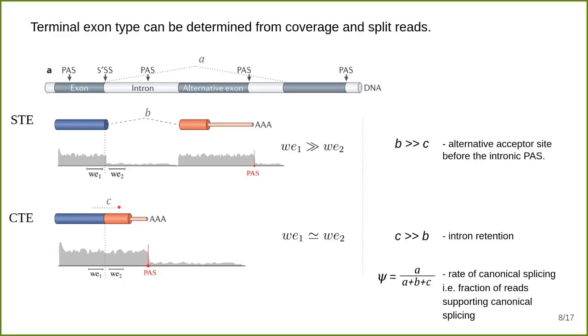Also, there are reads that support canonical splicing, which are denoted as A. So using these data, we also can estimate the rate of canonical splicing, which we expect to be negatively correlated with the intronic polyadenylation site usage.